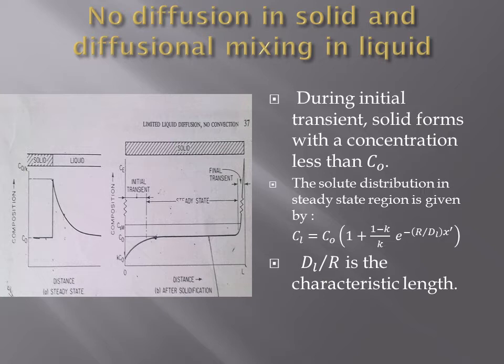Solute composition in liquid in steady state region is given by the following equation: Cl equal to C0 times (1 plus (1 minus K) upon K e to the power minus R by DL x prime). DL by R is called a characteristic length, that is the distance at which the quantity Cl minus C0 falls to 1 by e times the maximum value C0 into (1 by K minus 1).